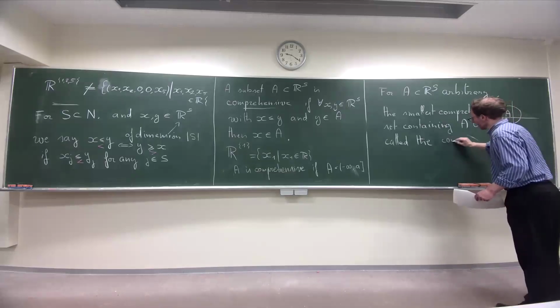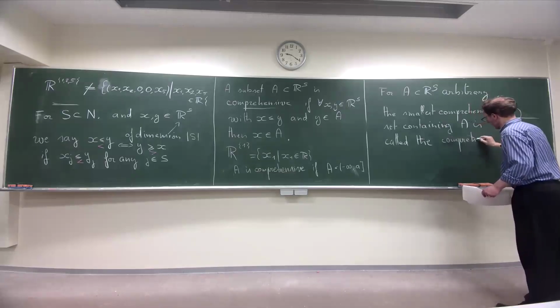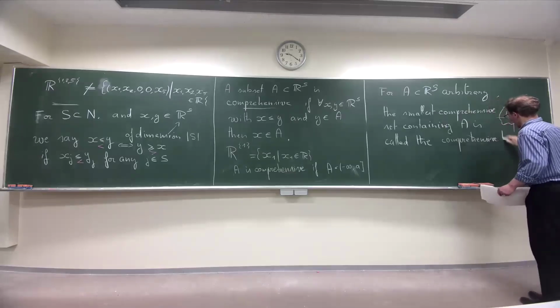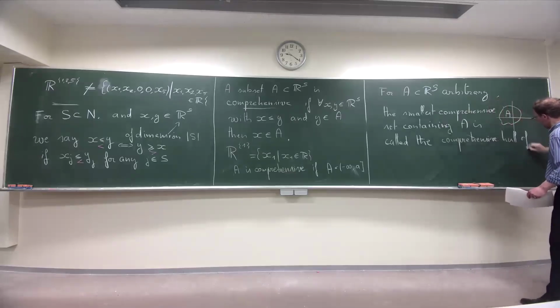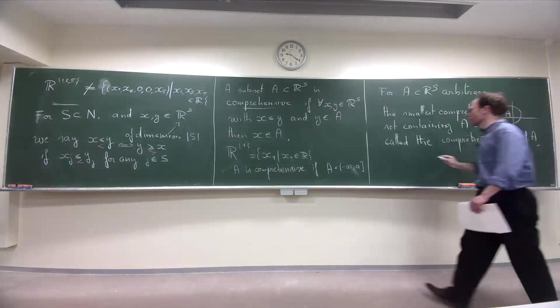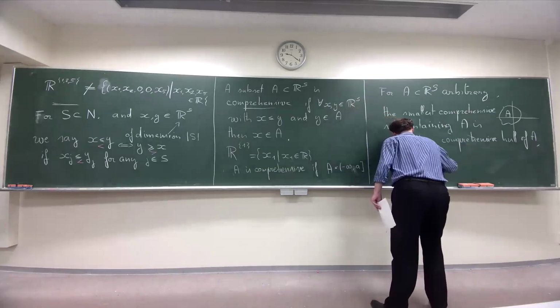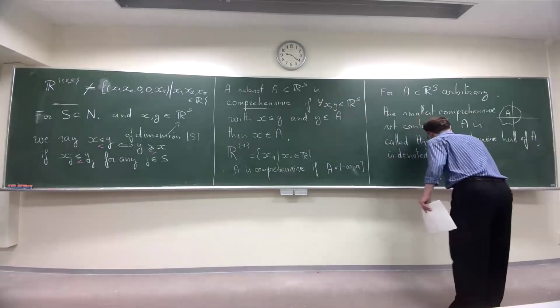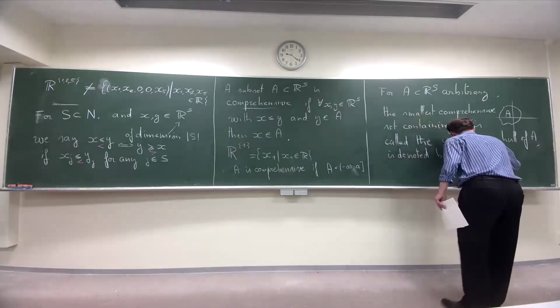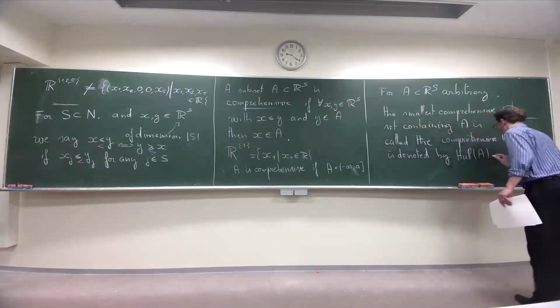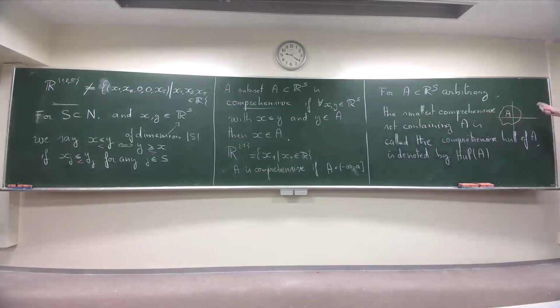The comprehensive hull of A is denoted, I'm not sure I will use this notation, by hull of A. Again, I let you draw some pictures. So you take this A, for example, and you can see what the comprehensive hull means. It's not difficult.